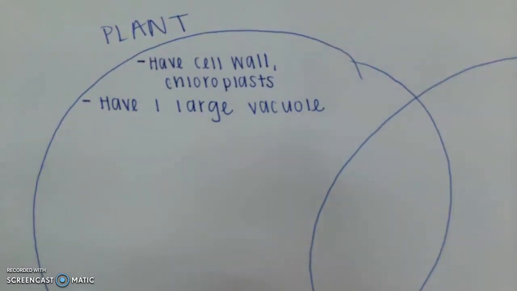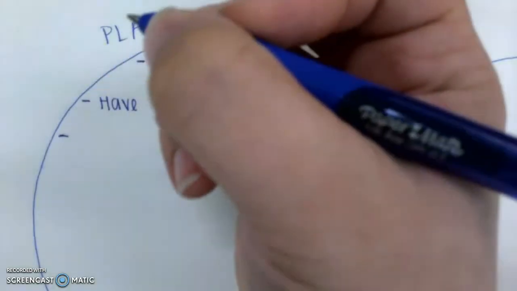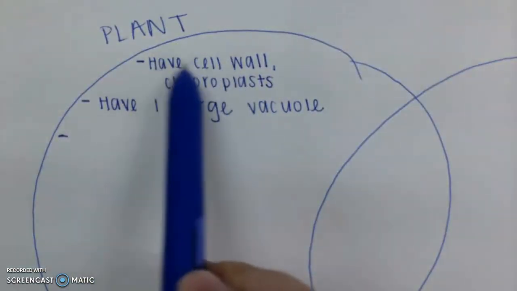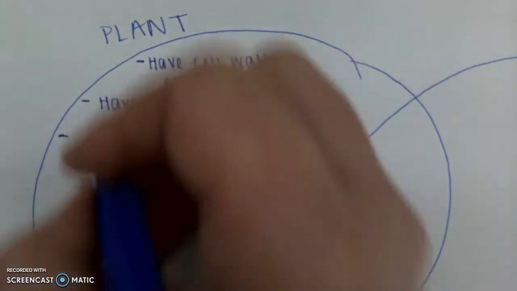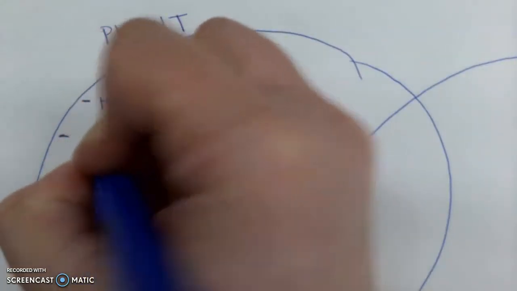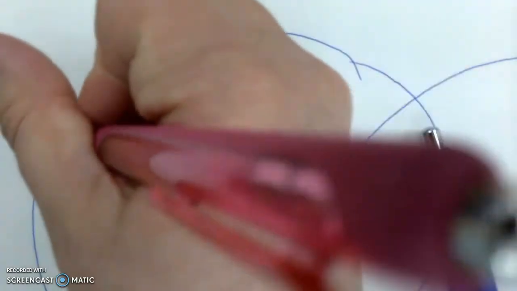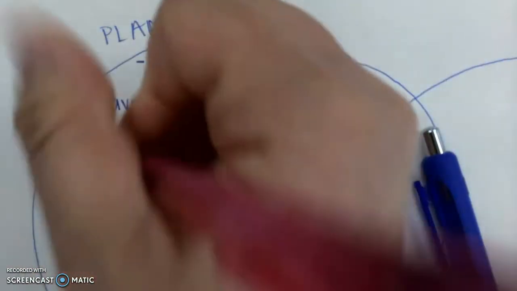Now let's talk about what they look like. So we know that all cells have a cell membrane, but we also said that plants have a cell wall. Because they have this cell wall around the cell membrane, this is more structured. It's made of cellulose, so it's stronger.